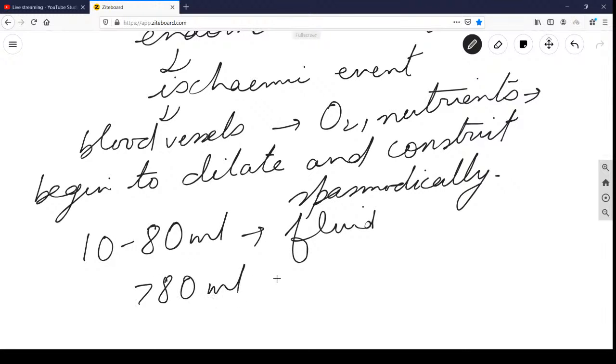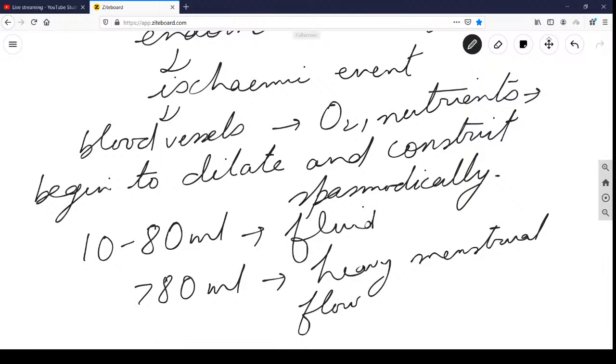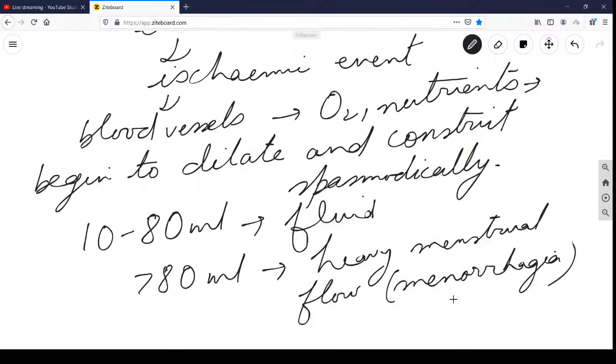More than 80 ml is heavy menstrual flow, known as menorrhagia.